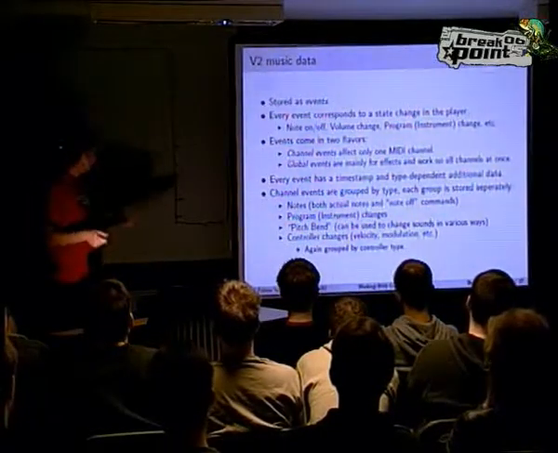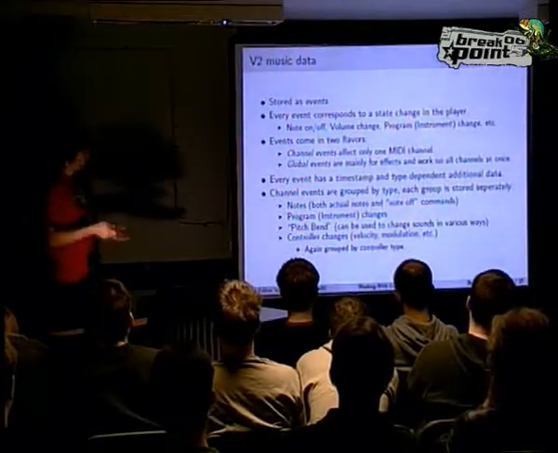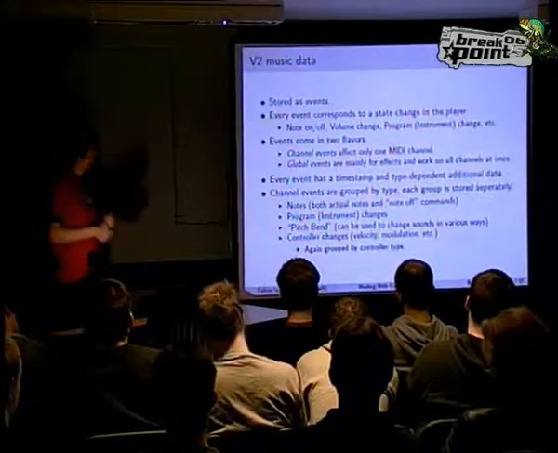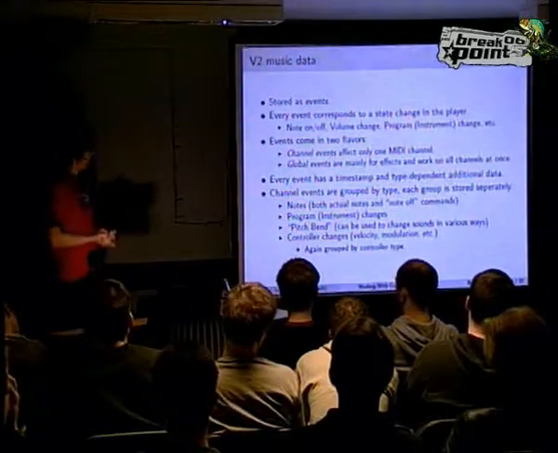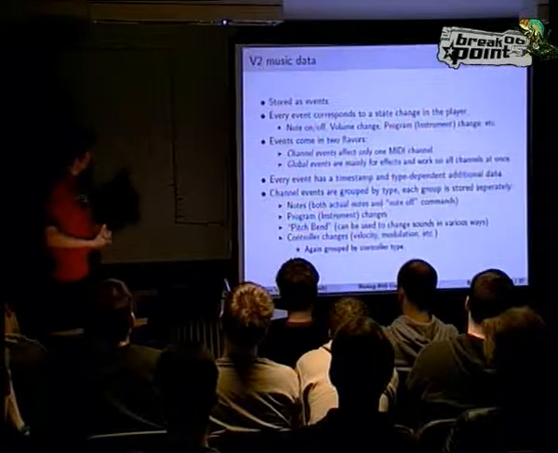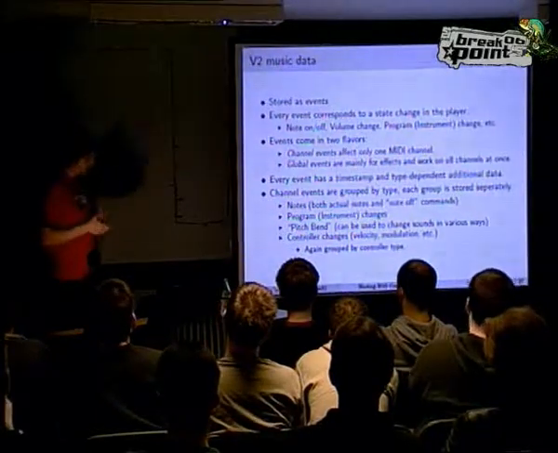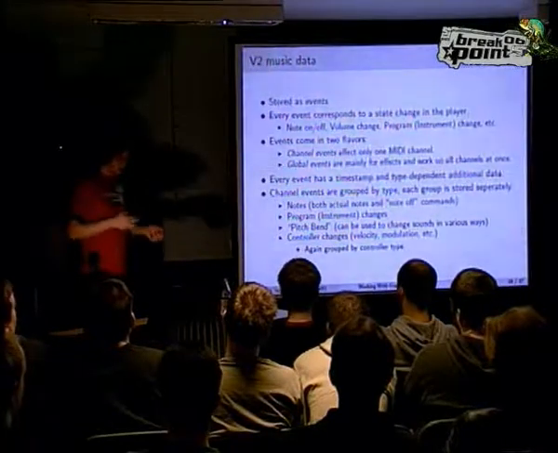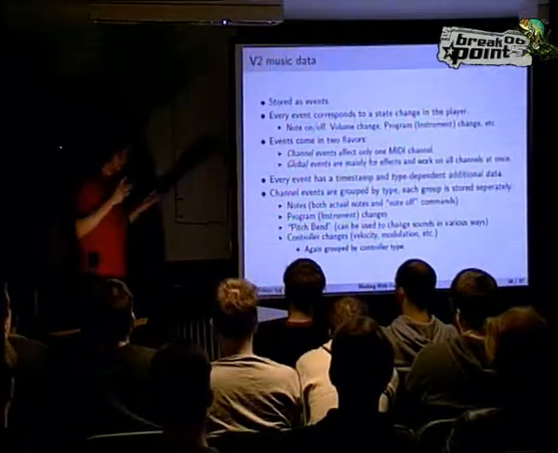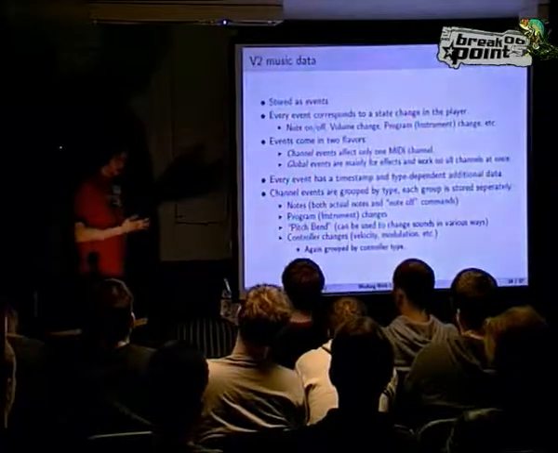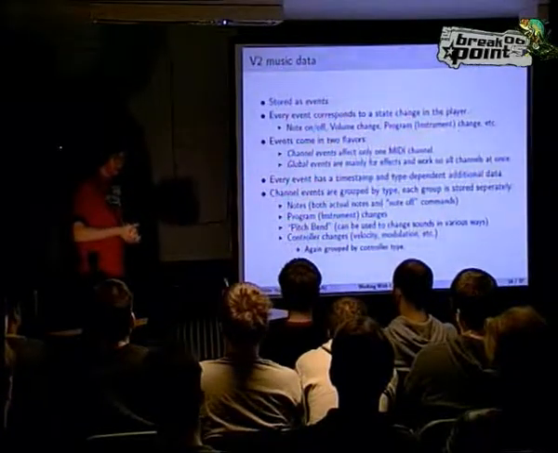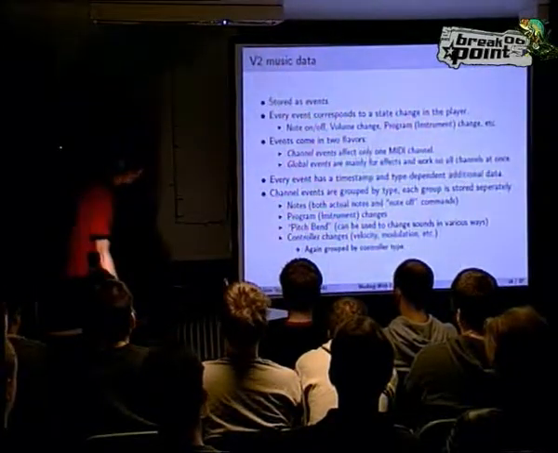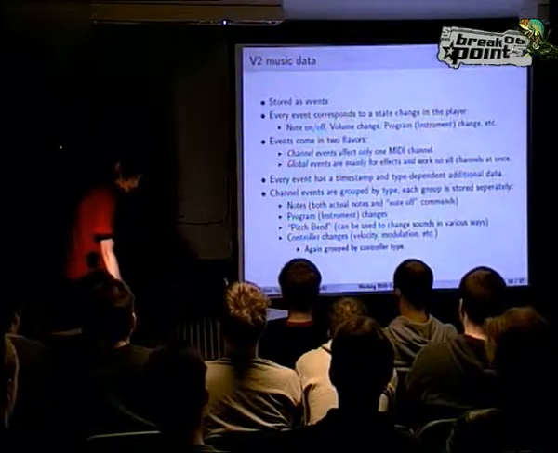It's just a value you can use to change the way something sounds. This is up to the musician to use or not, but this is a different stream. There are controller changes. A controller is something like velocity, loudness, modulation, and so on, all again stored separately, and again grouped by the type of the controller.